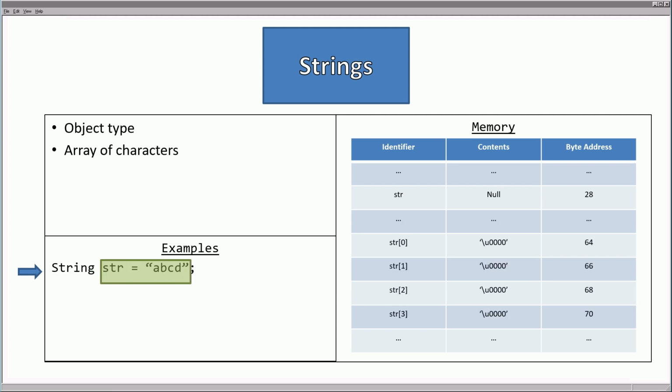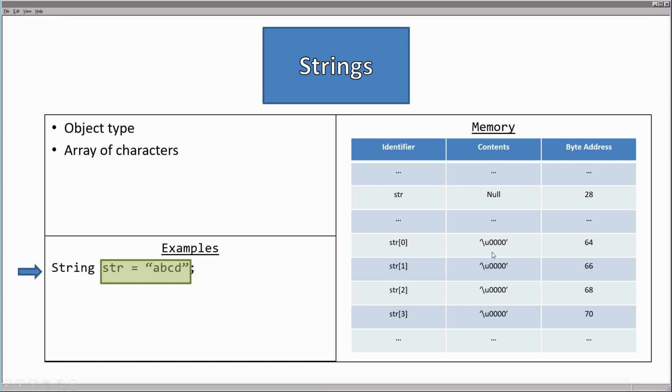Now, when we get to this part right here, what we first need to do is reserve inside of memory this array of characters of size 4. If you notice, this byte address is just arbitrarily picked. Now, once again, characters are 2 bytes in memory. Arrays are contiguous blocks in memory, and if you notice, every subsequent memory address increases by 2 bytes.